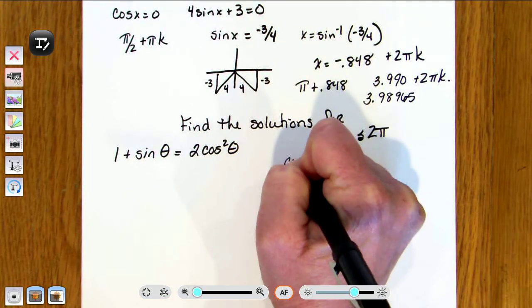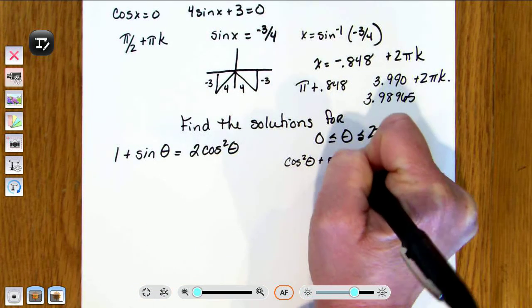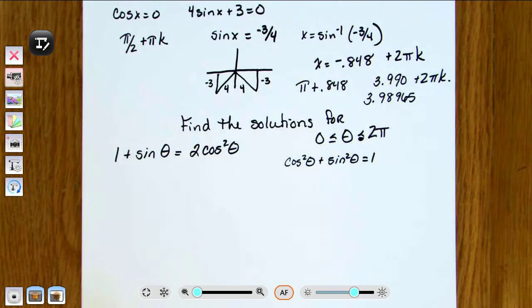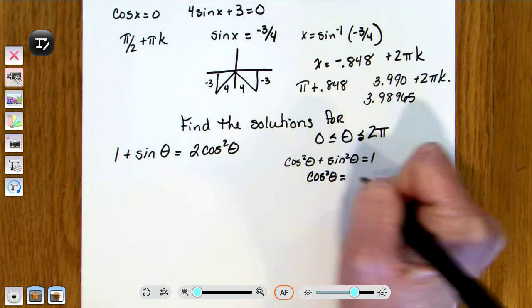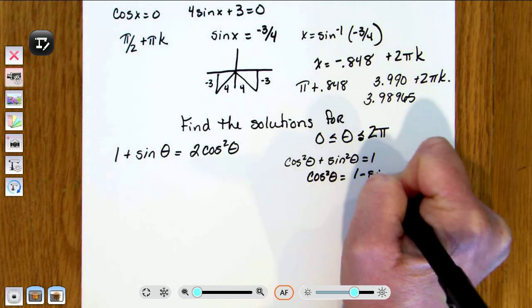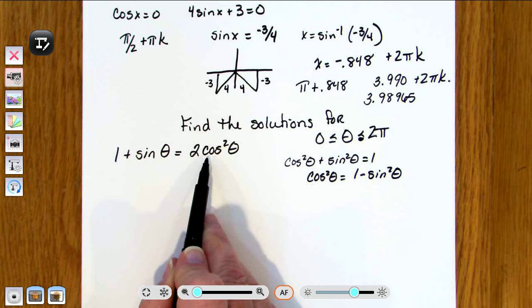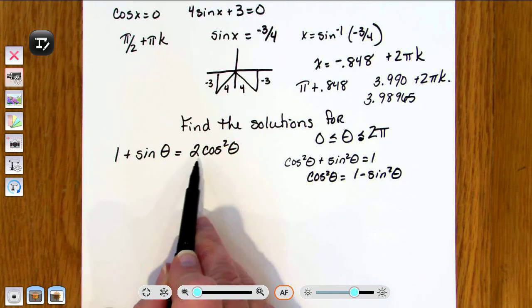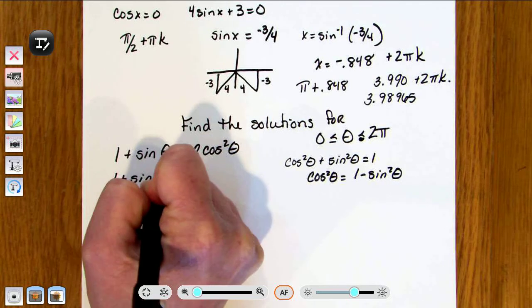So remember, we know that cosine squared plus sine squared, that's our Pythagorean. So cosine squared is 1 minus our sine squared. So I'm going to substitute this in for that cosine squared so that everything is then in terms of sine.